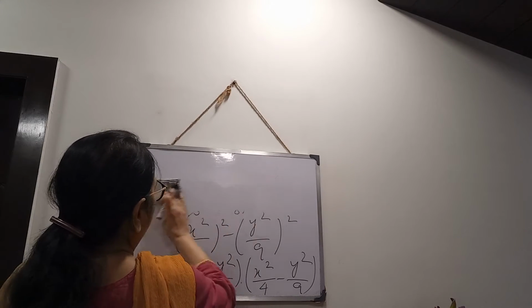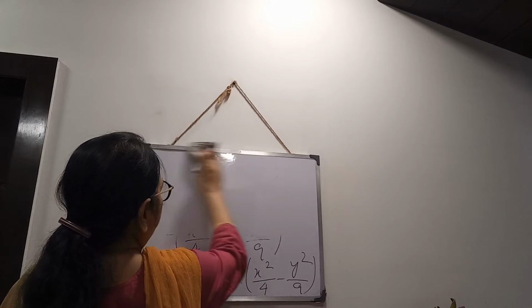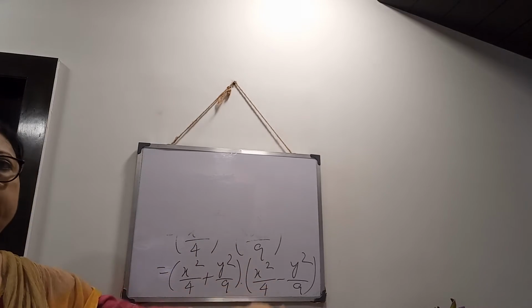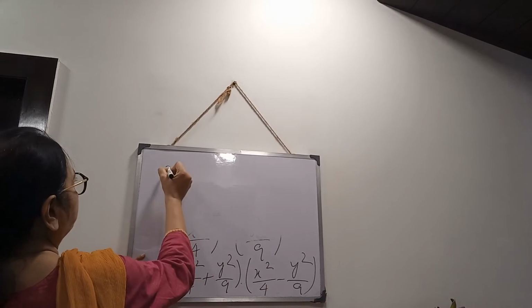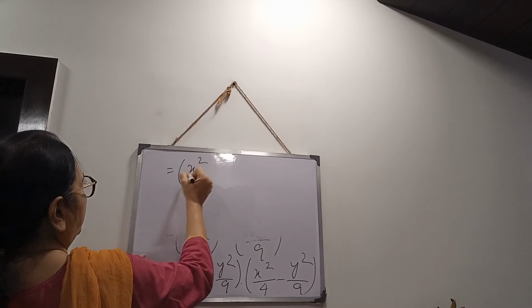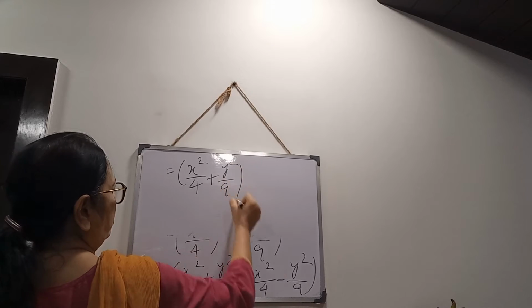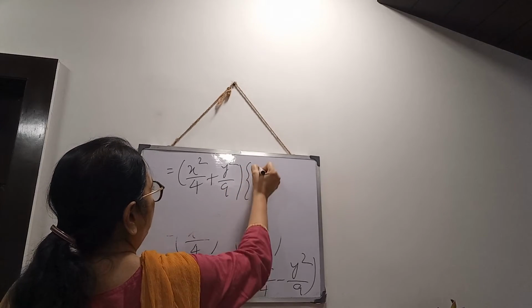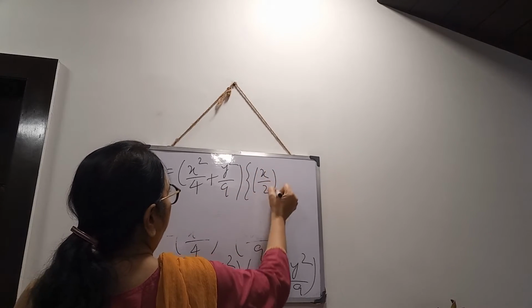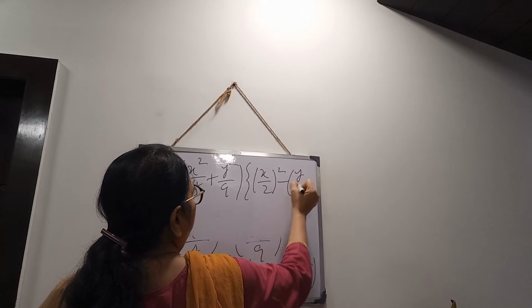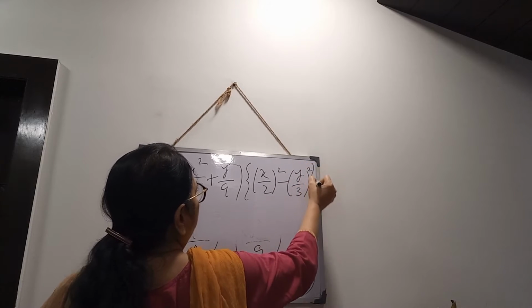Next, the second expression again fits in that formula, a square minus b square. So it is x square by 4 plus y square by 9, and again this is in the form x by 2 whole square minus y by 3 whole square.